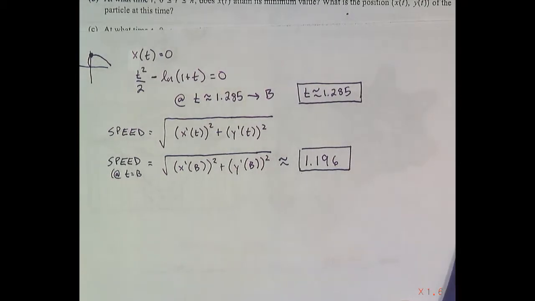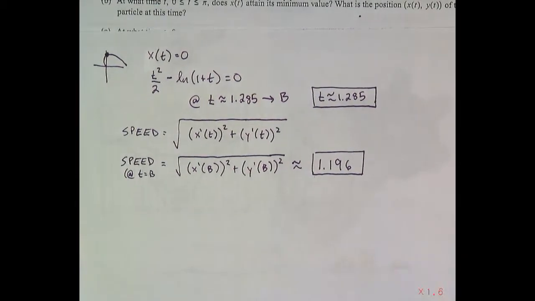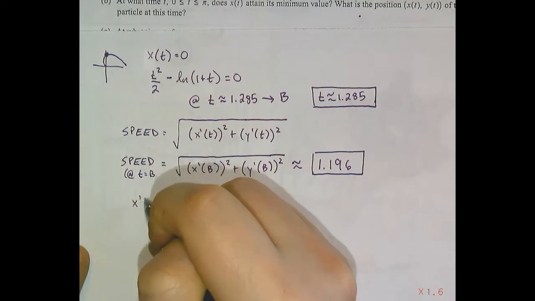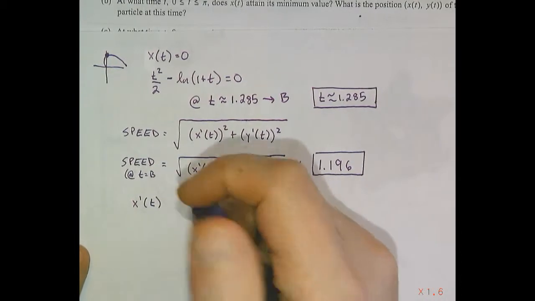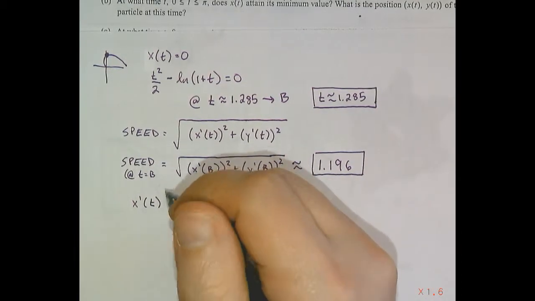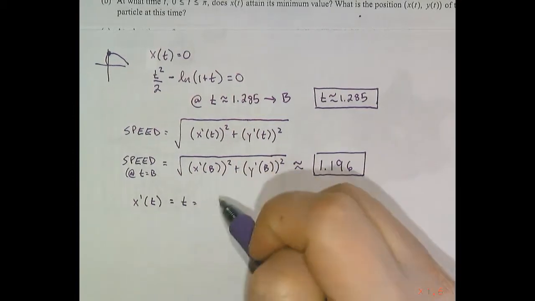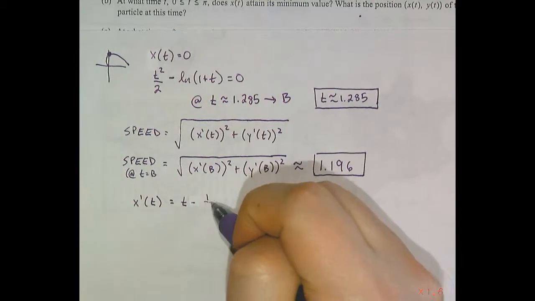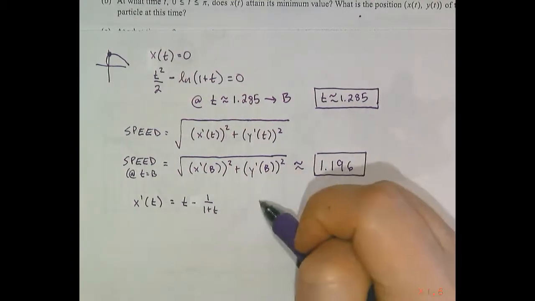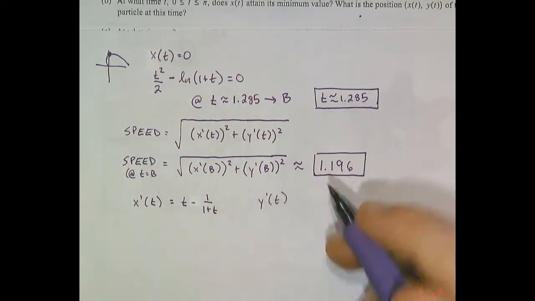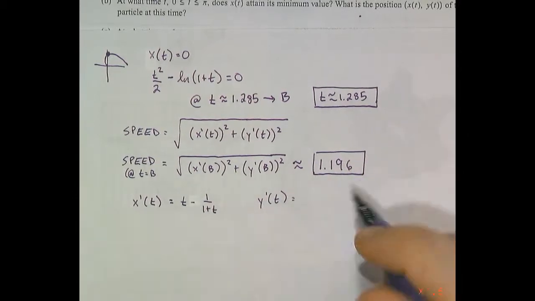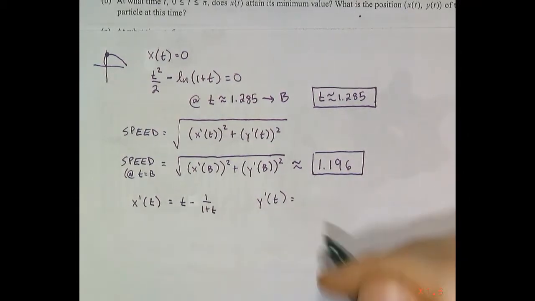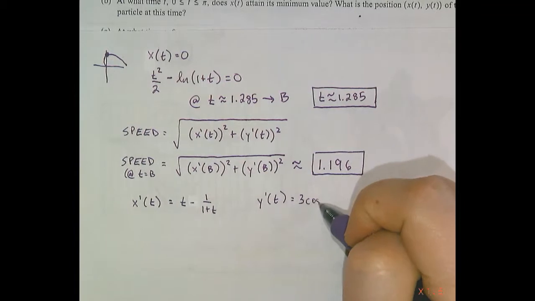Okay, finally we want to arrive at our acceleration vector. So the acceleration is going to be the second derivative of position. We've already established that x prime of t is t minus 1 over 1 plus t, and y prime of t we have not done yet, but y prime of t is the derivative of 3 sine t, so that's 3 cosine t.